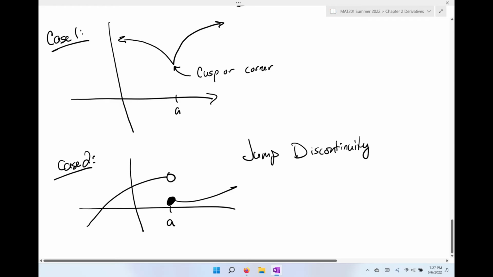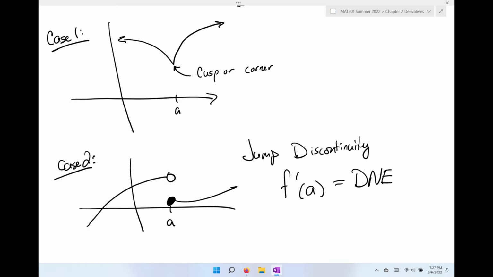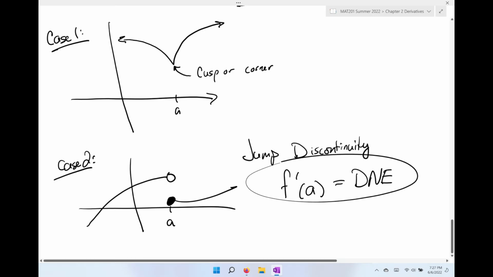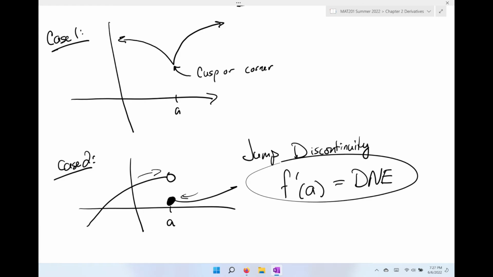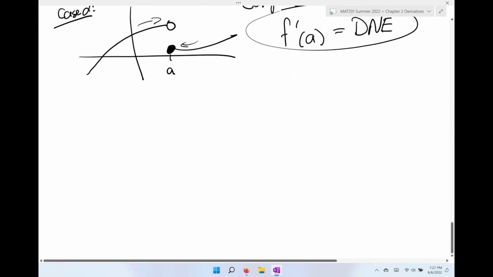And if you think about it, you cannot evaluate the derivative. The derivative does not exist here because if you're trying to evaluate the derivative at x equals a, which is exactly what this notation is asking us to do, you don't know if you're coming from the left or coming from the right. So if a limit fails, then the derivative is also going to fail.